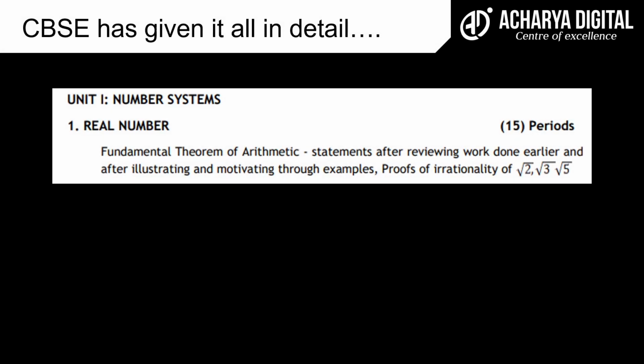Now, if you see the website of CBSE, all detailed information regarding unit wise, topic wise, how the student is supposed to prepare, it is given on the website. So for example, if you consider first unit, that is number systems, first chapter real numbers. What is expected from a student? The student must know the fundamental theorem of arithmetic, proofs of irrationality of root 2, root 3, root 5, and so on.